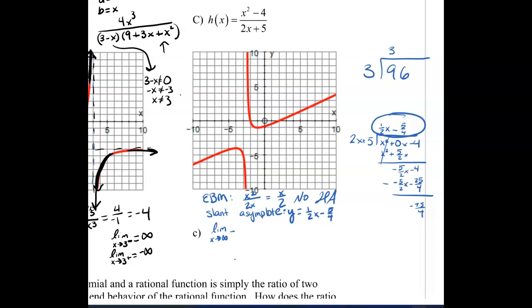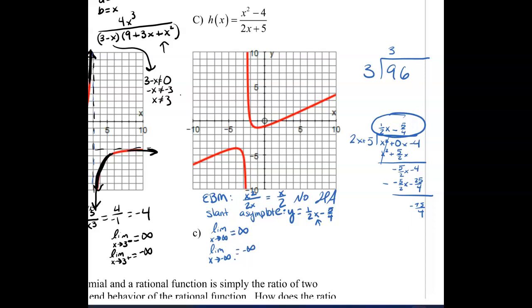So that's why it goes towards infinity as far as y values go. But what if I take the limit as x approaches negative infinity, which means I'm approaching big negative numbers? Well, eventually this particular bit is going to get larger than 5/4, and it's going to be a negative number.